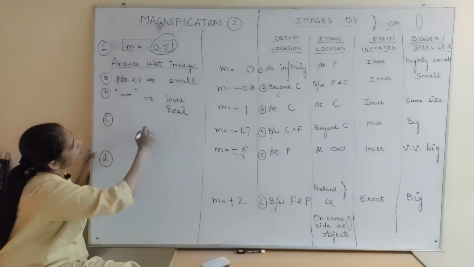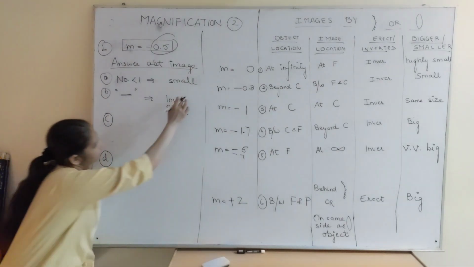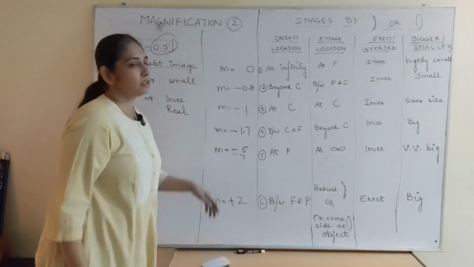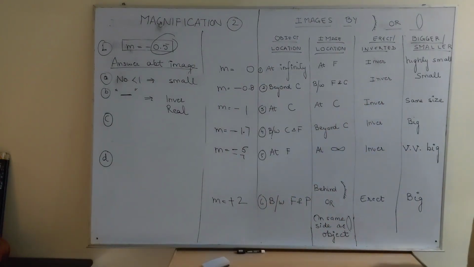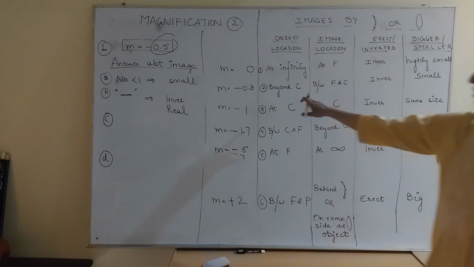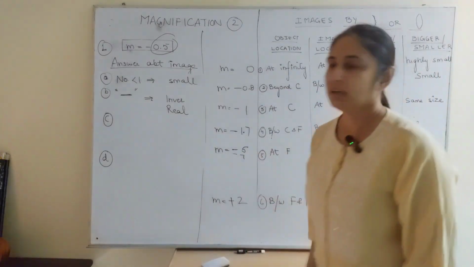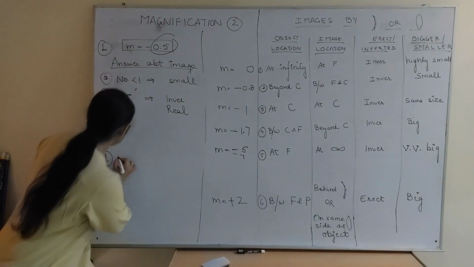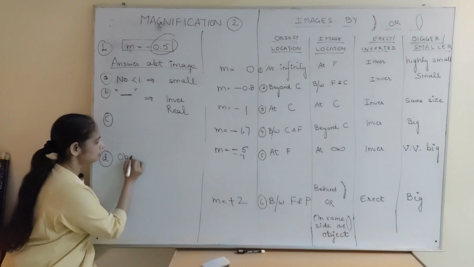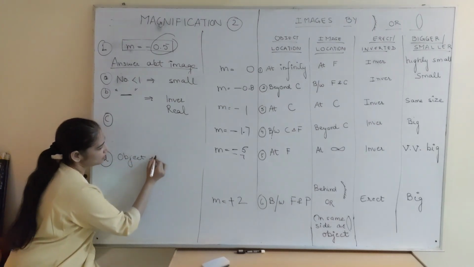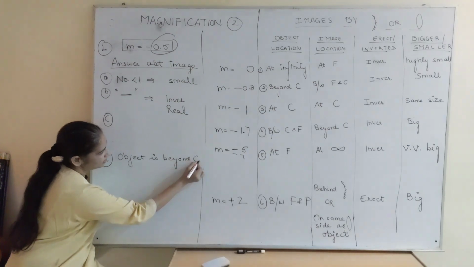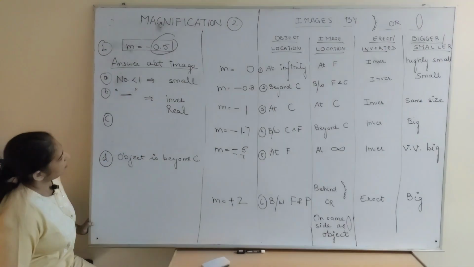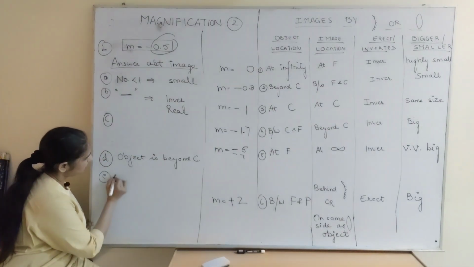Okay, now what is the location of the object? Now if the image is small and inverted and real, where is the object? The object is beyond C. So we can say that the object is beyond C. And where is the image?